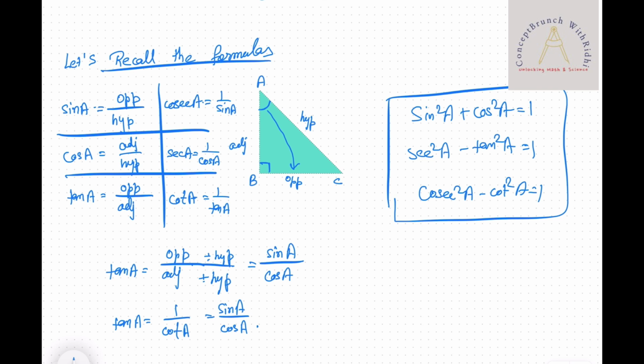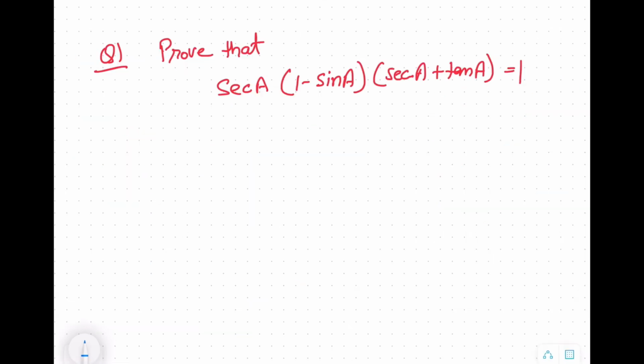Okay, let's get started. First question: this is the LHS, left hand side, and this is the right hand side. First we will take the LHS and prove it equal to the RHS. Over here, what is given to us?